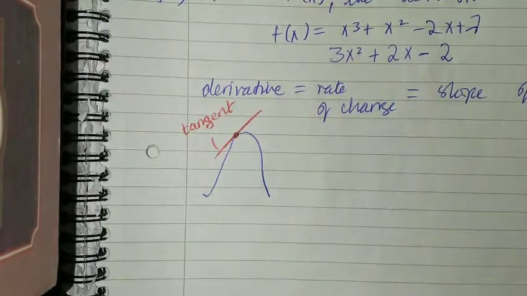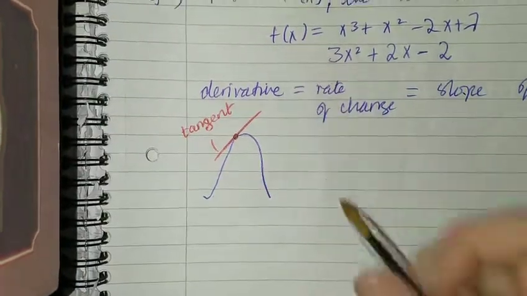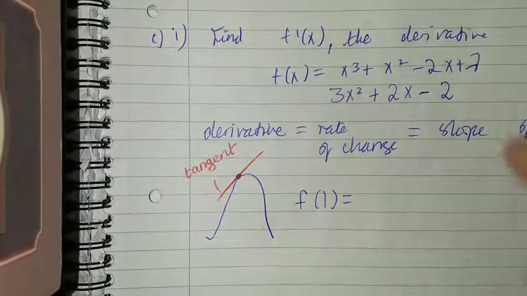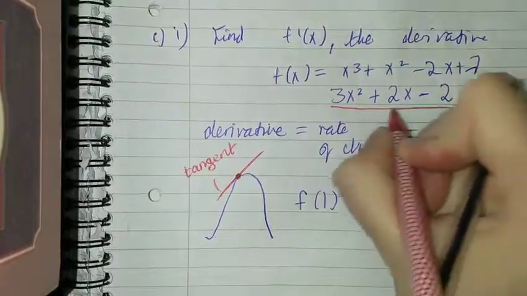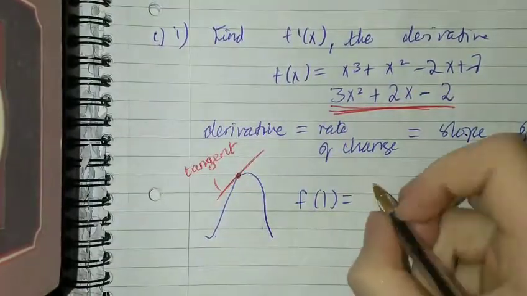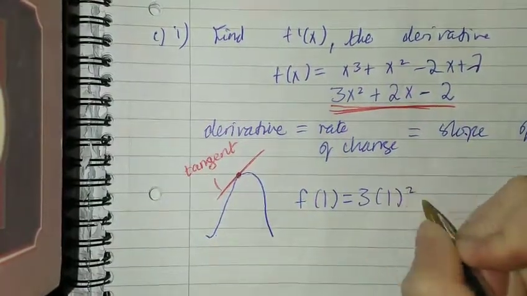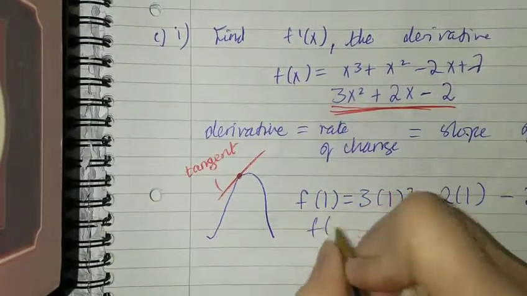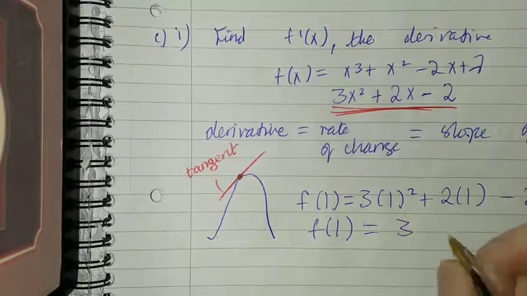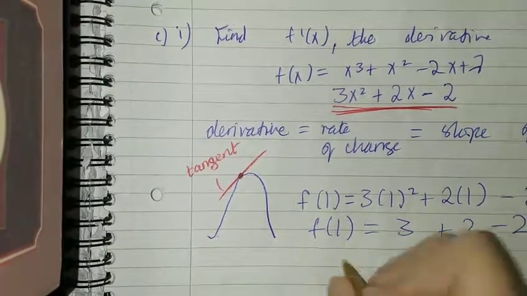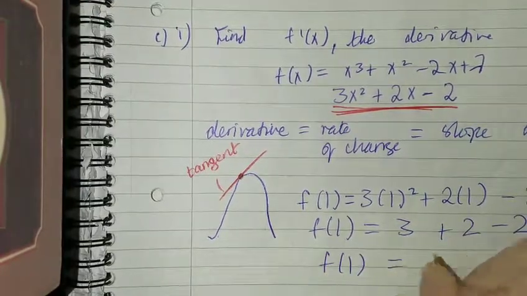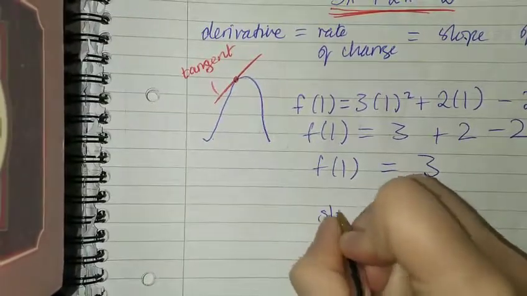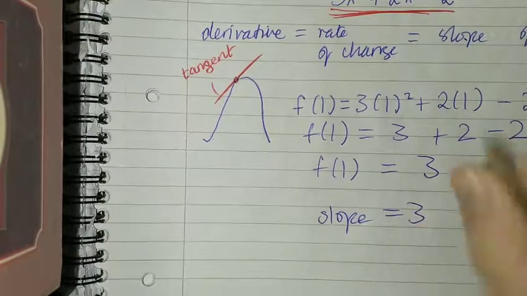The derivative gives the slope of the tangent, so we just plug x equal to 1 into the derivative function. So 3 by 1 squared plus 2 by 1 take 2, that's 3 plus 2 take 2, which is equal to 3. So the slope is equal to 3.